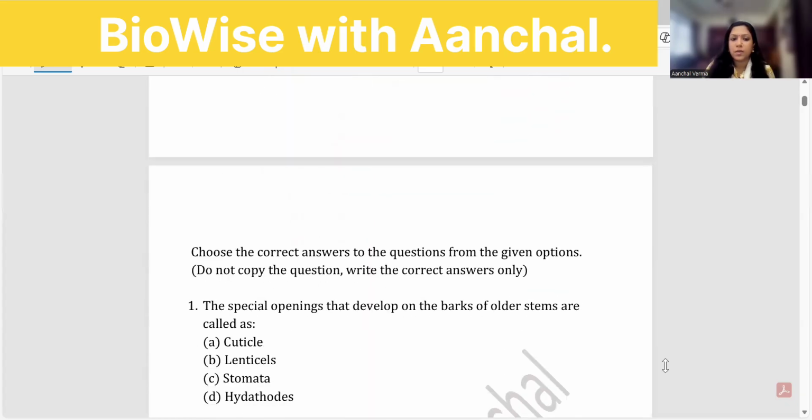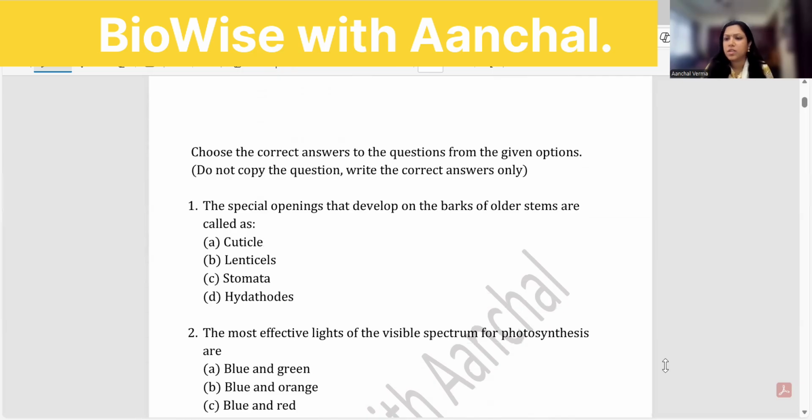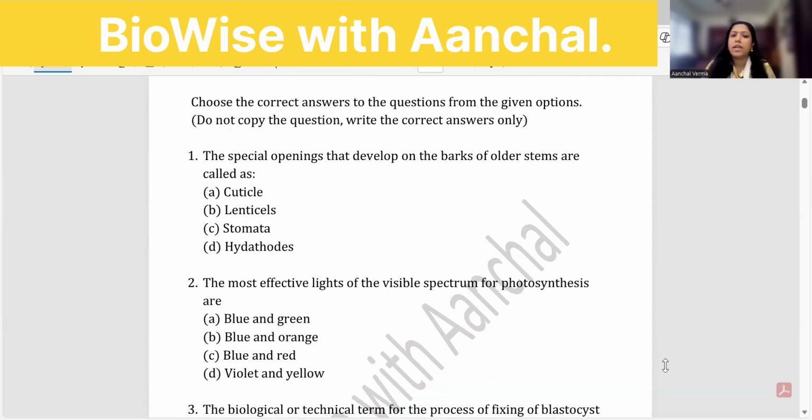Now, the first one. Okay, this is how it appears in your examination. Choose the correct answer to the questions from the given options. Do not copy the questions. Write the correct answers only along with the option. The special opening that develops on the bark of the older stems are called. The answer? Put it in the comment section.